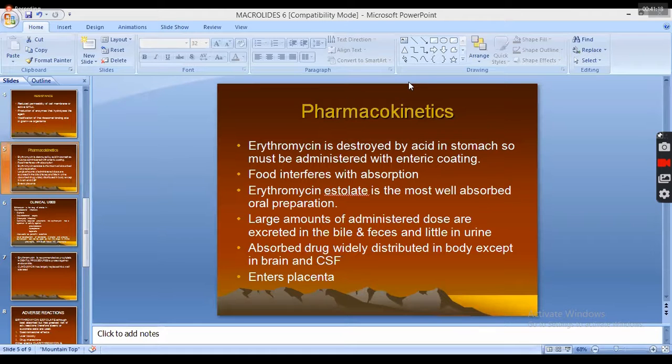It is formulated with a coating called the enteric coating, which makes it resistant to destruction by the acid in the stomach, and it only comes off when the drug goes into the intestine where it is meant to act.